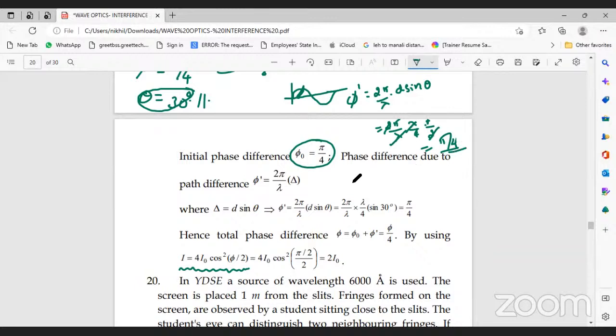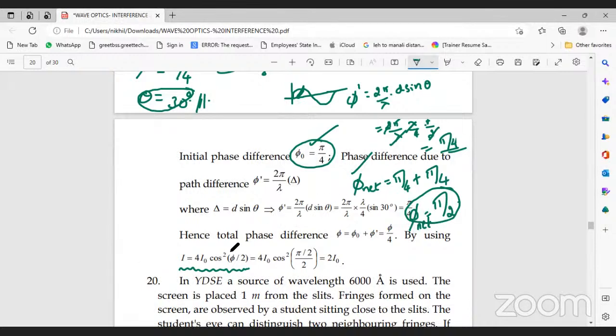Pi by 4. What is the net phase angle then? Initial phase angle is pi by 4, plus for 30 degree the phase angle is pi by 4. So what is the total net phase? Pi by 4 plus pi by 4, which is pi by 2. This is the net phase.